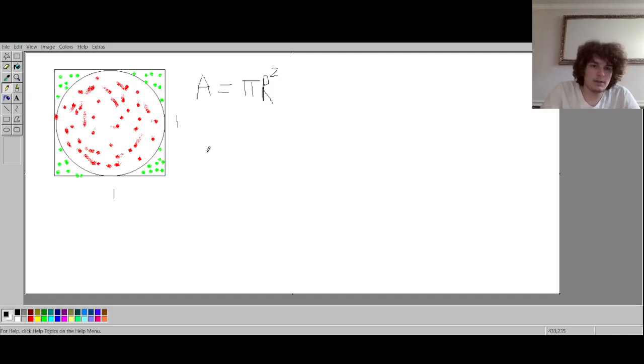So the area in red is going to be equal to the total area times the ratio that the red takes up, which is going to be the number of red dots, roughly, divided by the total number of dots, so red plus green.